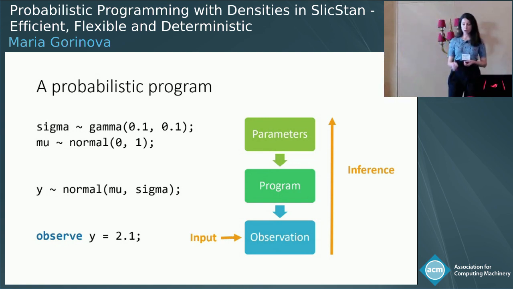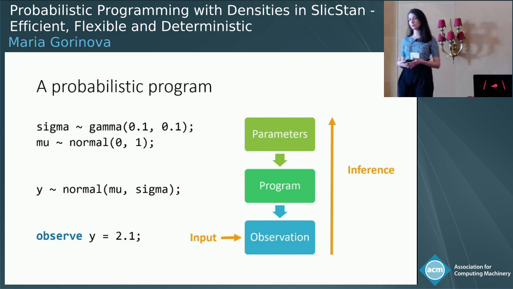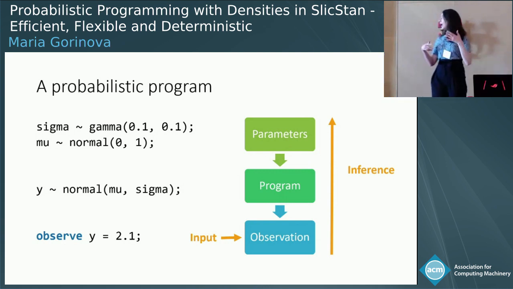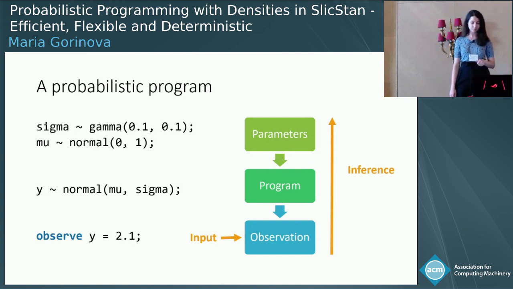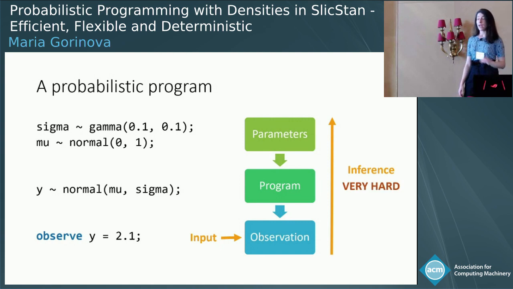In other words, in probabilistic programming, we describe how we generate some data from parameters. Then we input observed values for these, and then we want to work backwards and figure out what parameters we generated this data from. And this backwards process is called inference.